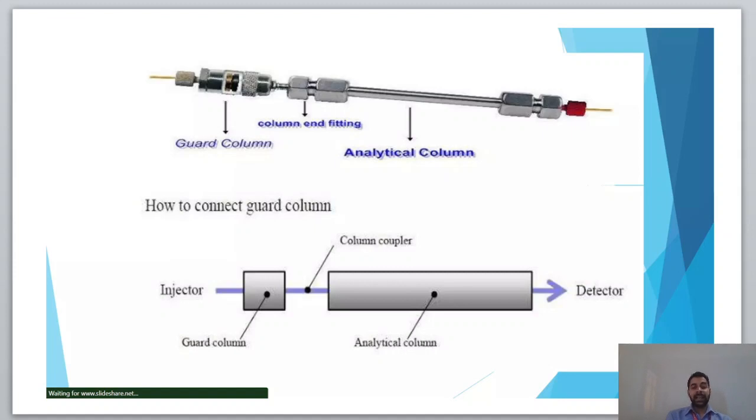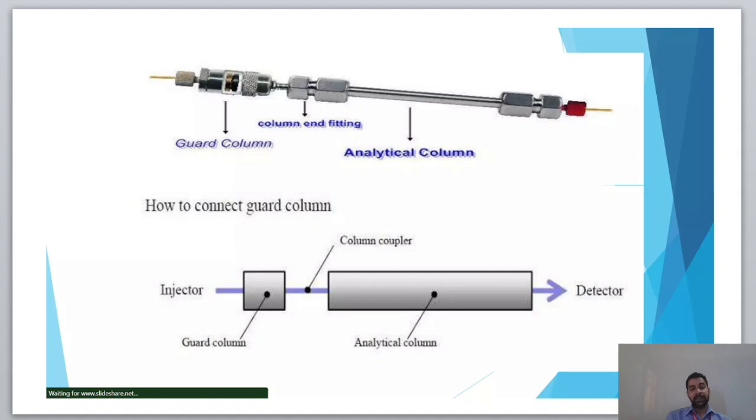Here in the diagram you can see one guard column and the analytical column. The guard column is used to protect the analytical column, because if any impurities or particles are present in the solvent or in the mixture, or due to some reasons degradation of samples occurs suddenly, then this guard column will protect the analytical column.